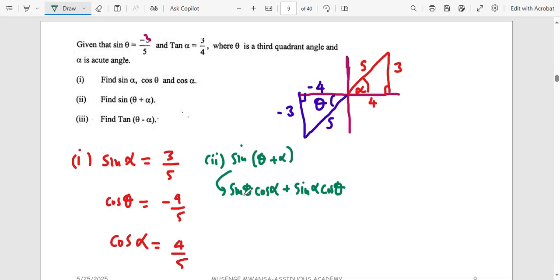So now we substitute. What is sin theta? Remember, sin theta is given there. It's negative 3 out of 5. And then cos alpha, it's here 4 over 5. And then we say plus. Sin alpha is the one we found there. It's 3 over 5. And then cos theta is negative 4 over 5.